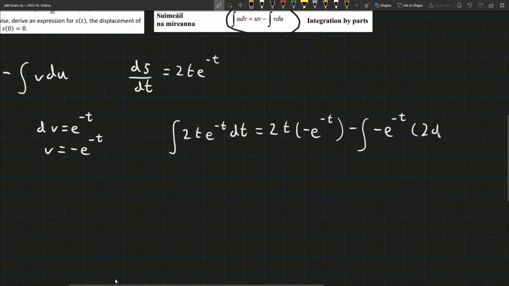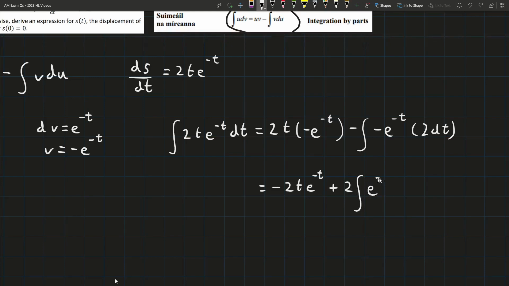So times 2 dt. Now we can simplify this a little bit. We can bring the minus to the front here: minus 2t e to the minus t. The minus and the minus will make a plus, and we have the 2, which is a constant, so we can take it outside the integral, or you can leave it inside, it doesn't matter. But anyway, plus 2 times the integral of e to the minus t dt.